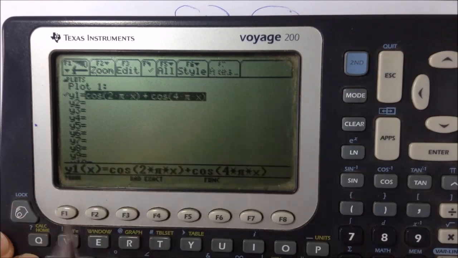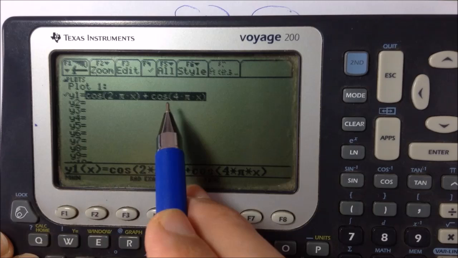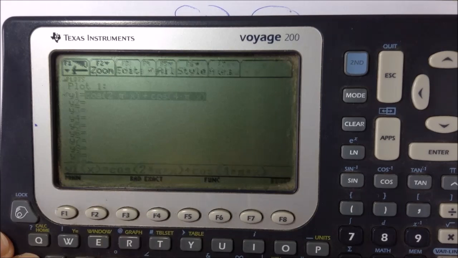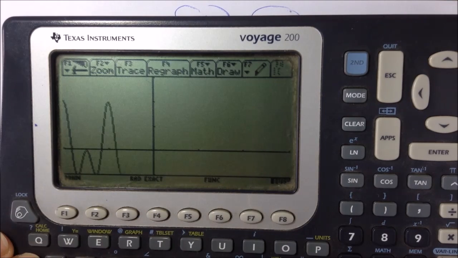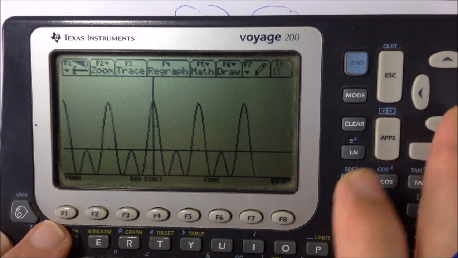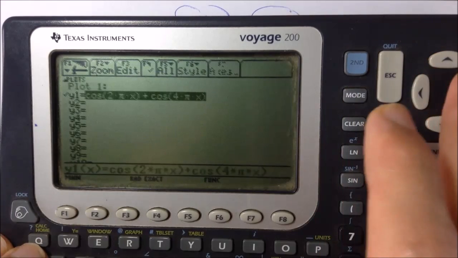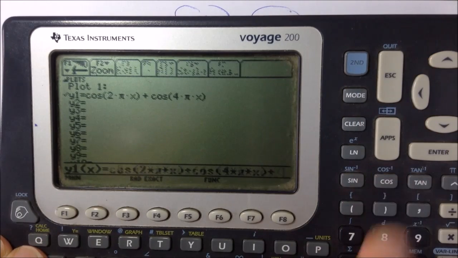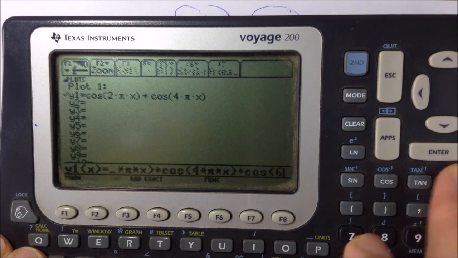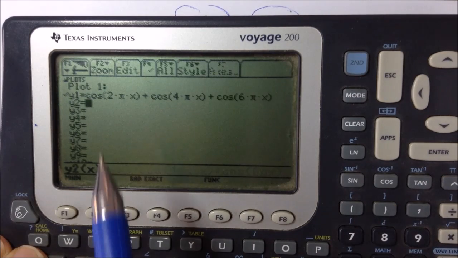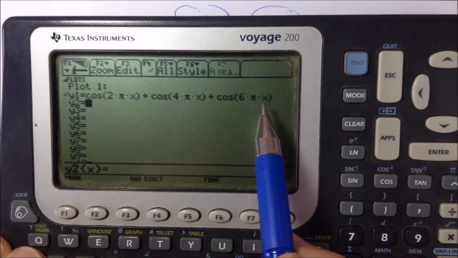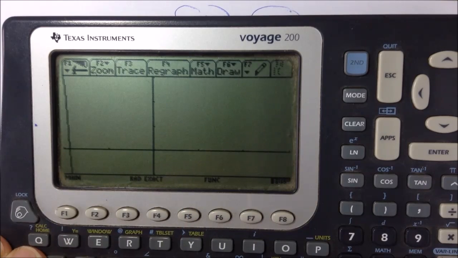So we have cosine 1 Hertz plus cosine 2 Hertz. Now I'm going to add another cosinusoid with a 3 Hertz frequency and see what we get: plus cos(6πx). So 1 Hertz plus 2 Hertz plus 3 Hertz, and that's how it looks.